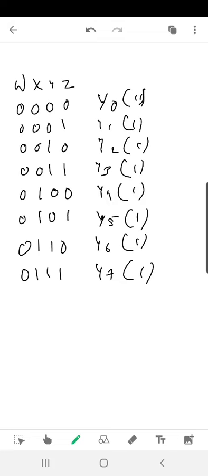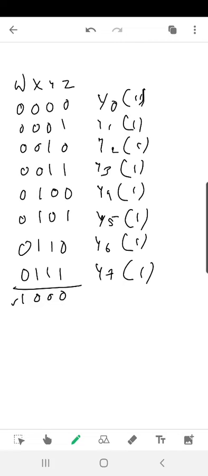Okay, now after this the input combination will become 1000, and we know that from 1000 our decoder number 2 will be selected. Our decoder number 2 will get activated.